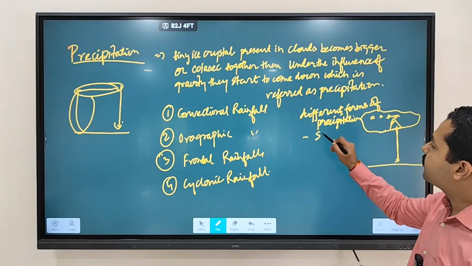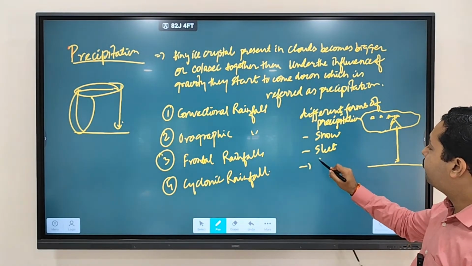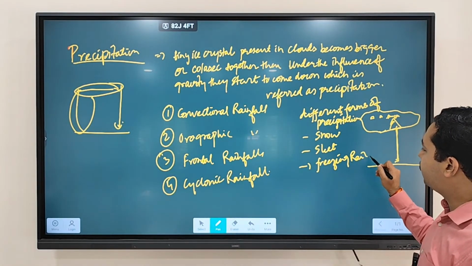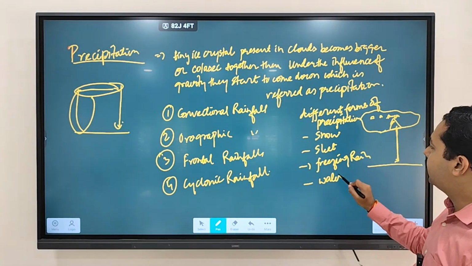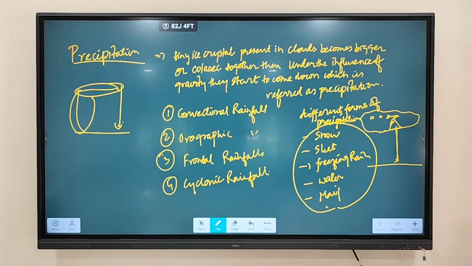They can be in the form of snow, sleet, freezing rain, water, hail. There can be different types of precipitation also. Fine. So different forms of precipitation and different types of precipitation.